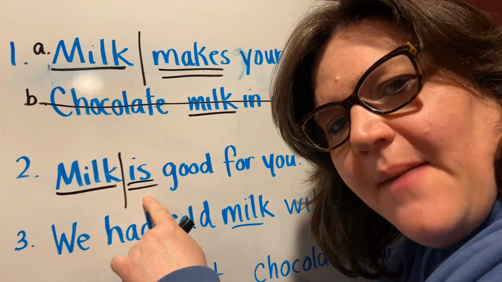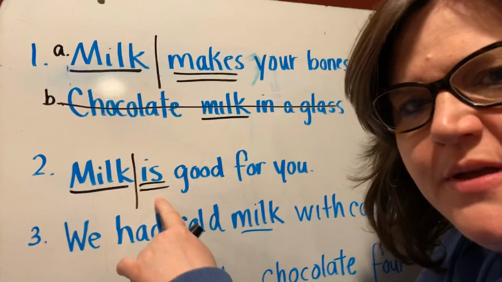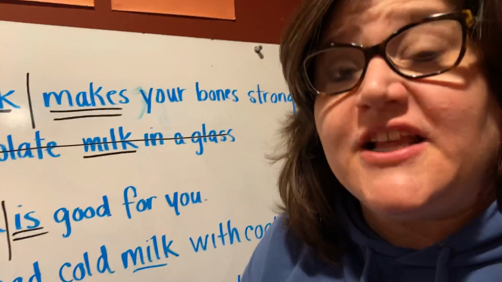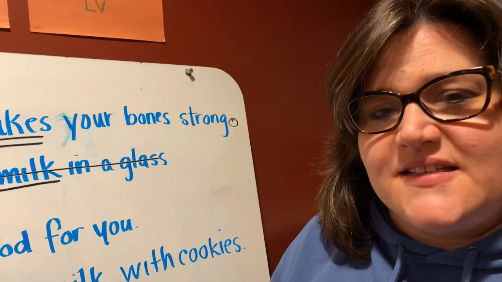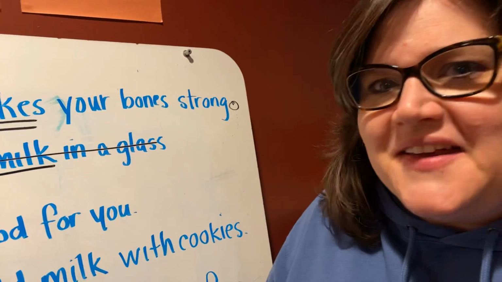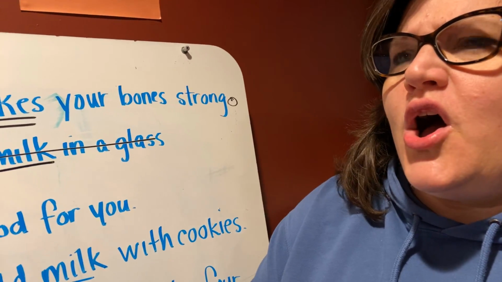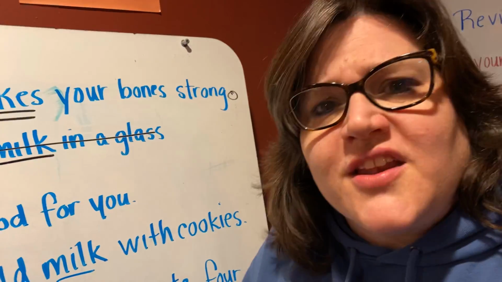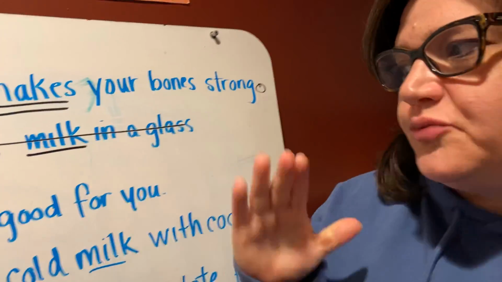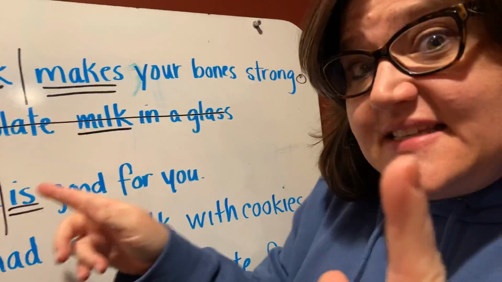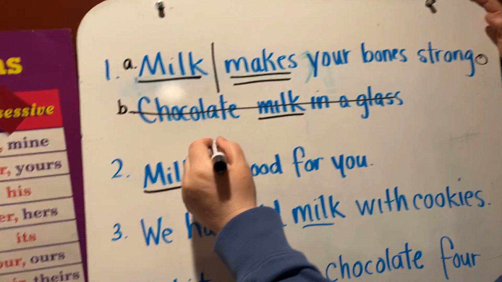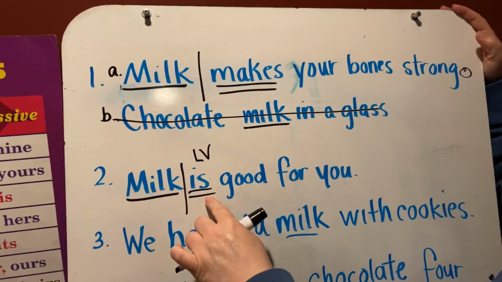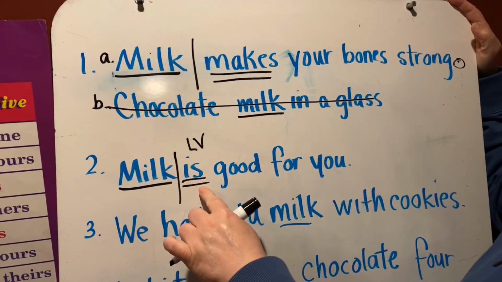What type of verb is that? Is this an action verb? If I said to you, okay, Jana, is. You can't do that. But if I said, okay, Noah, run. Run is an action. Is is a linking verb. We're going to use those a lot next year.